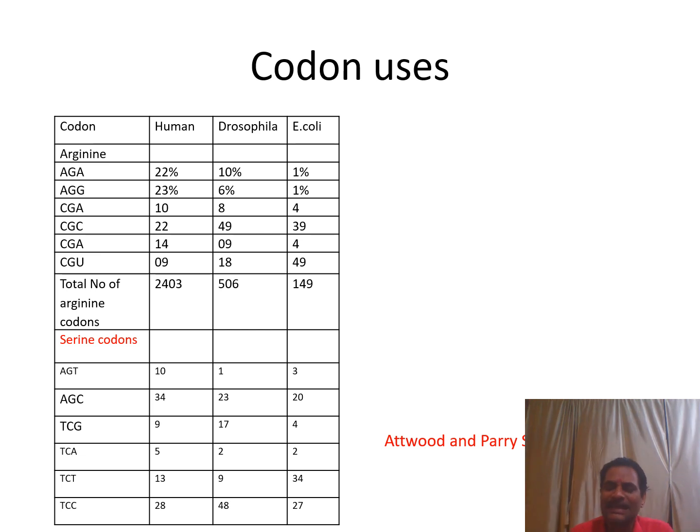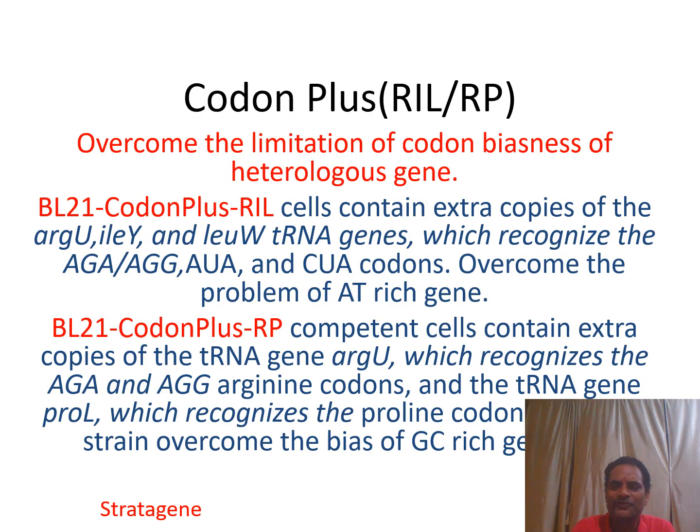So scientists have prepared an E. coli strain in which they have added an extra gene which codes for this rare tRNA. So there is no scarcity of rare tRNA, and now your translation will go smoothly. Initially, Stratagene company produced two strains.